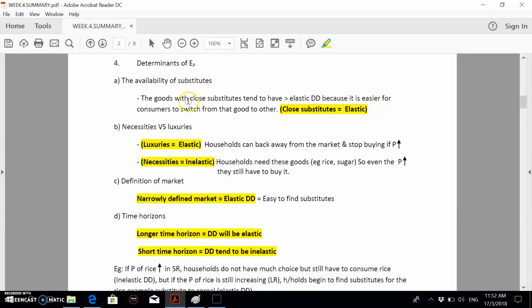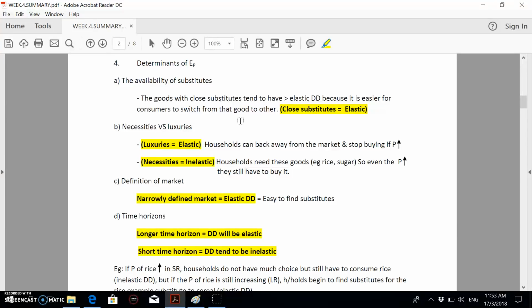Goods with close substitutes tend to have more elastic demand because it is easier for consumers to switch from that good to another. For example, let's say you would like to buy a t-shirt, a blouse, or shoes. They actually have many substitutes.